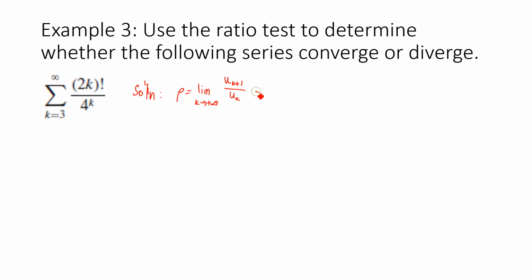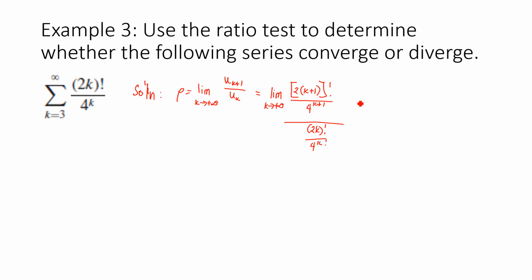This can be written as the limit of the quantity 2 times k plus 1 quantity factorial over 4 raised to k plus 1, over the quantity 2k factorial over 4 raised to k, as k approaches positive infinity.